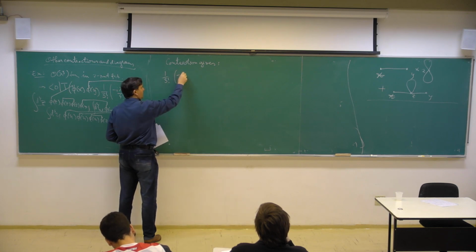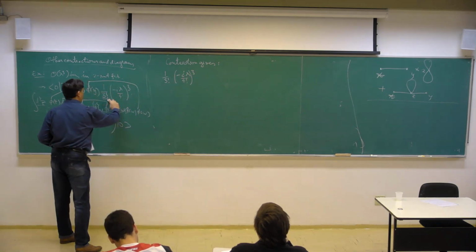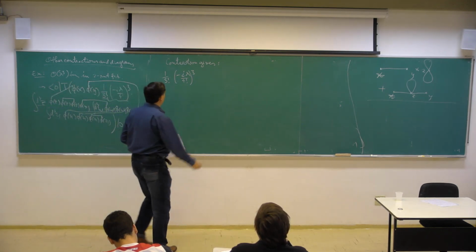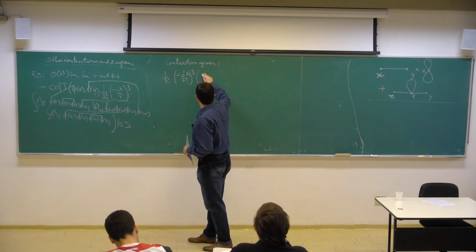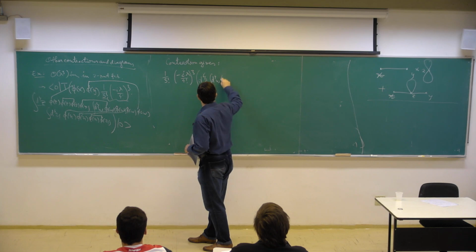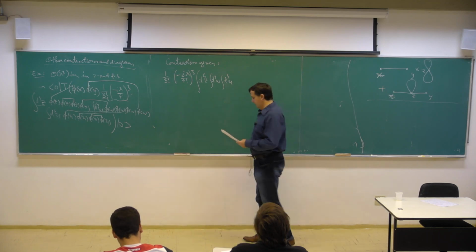So 1 over 3 factorial, then minus i lambda over... contraction gives a finite propagator.